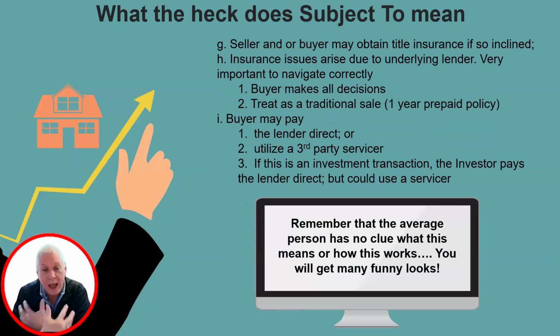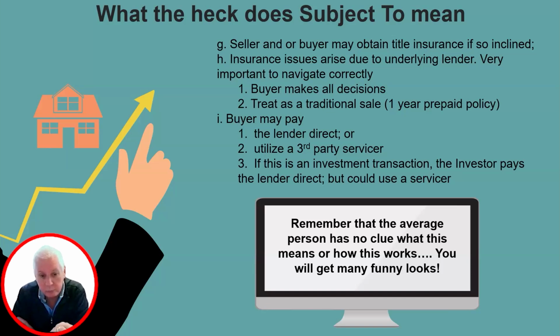And keep in mind, as the investor, we are the buyer, and it is our decision what we want to do with insurance, who we go through, who we use, things of that nature. But I do like to get new insurance whenever possible. It's typically a standard 1-year prepaid policy, because that's ordinary for the mortgage company. And we want to keep this as ordinary as possible.